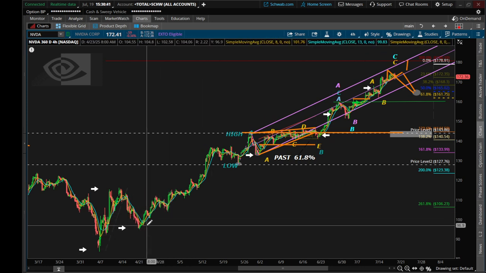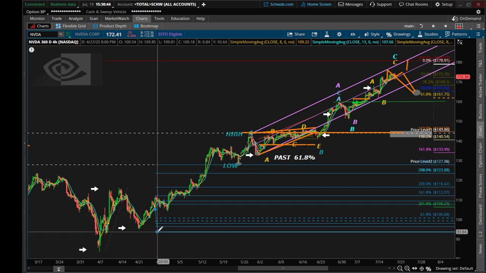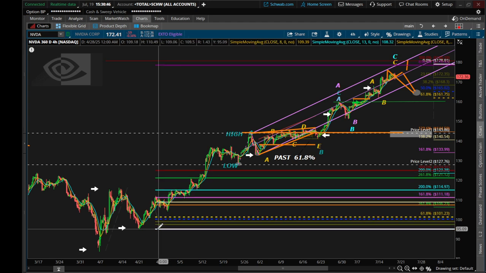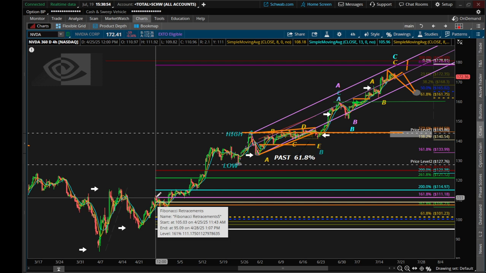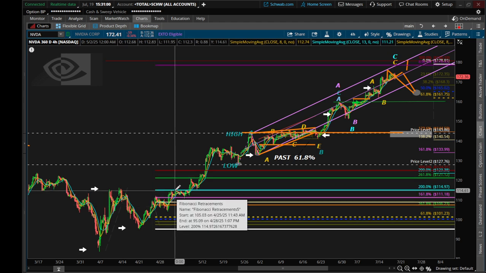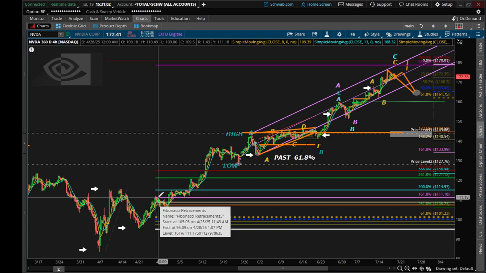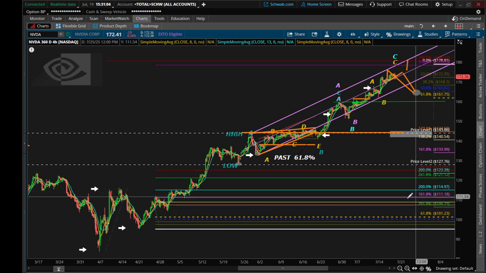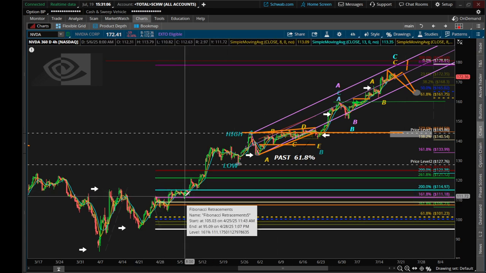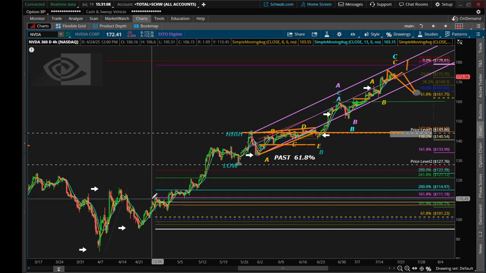One thing I want you to pay attention to in the swings is that I count the fib that the wave ends at, whichever comes to a head first. Even though this one lines up, this one hit first. So I'm counting the 161.8, this purple. Now we have this leg.